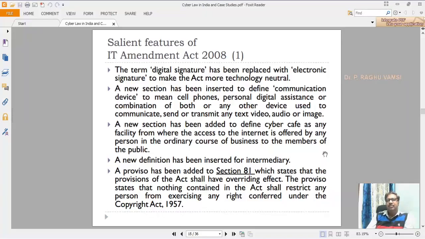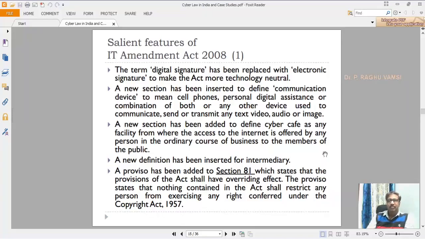There was no laptop or palm top and this kind of thing. So in the IT Amendment Act 2008, they have defined communication devices to mean cell phones, personal digital assistants, or a combination of both, or any other device used to communicate, send, or transmit any text, video, audio, or image.